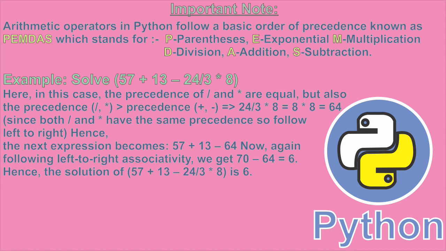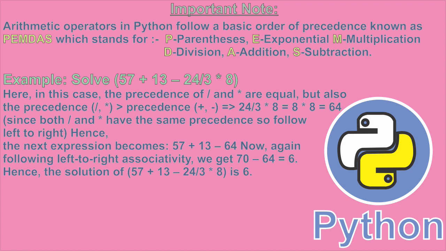So 24 divided by 3 multiplied by 8 equals 8 multiplied by 8, equals 64. Since both division and multiplication have the same precedence, we follow left to right. Hence the expression becomes 57 plus 13 minus 64.